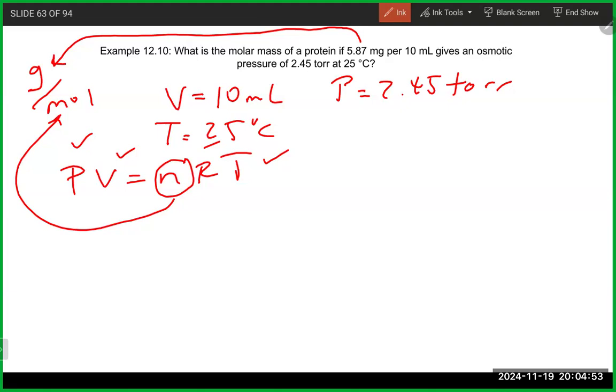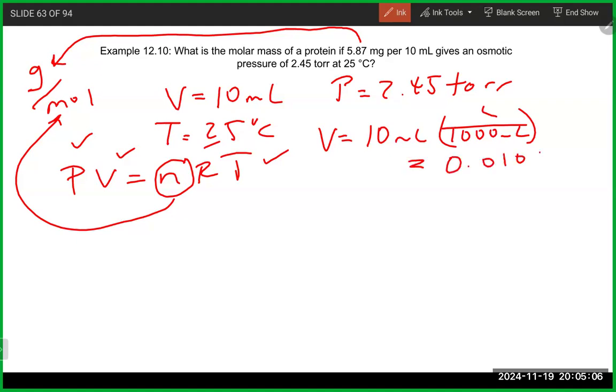We need to convert our volume into liters. Our 10 milliliters, with 1,000 milliliters per liter, gives us 0.01 liters.